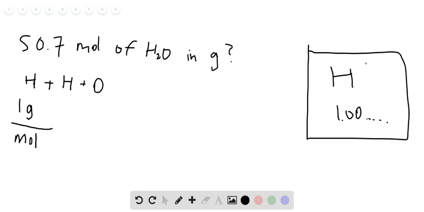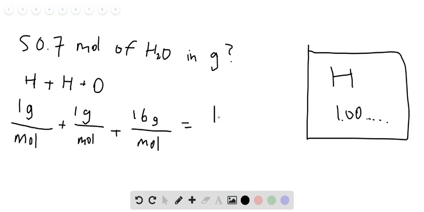So if you take 1 mole of H, it's going to weigh 1 gram. So we have this twice because there are 2 hydrogen atoms in H2O. And then we have the same thing for O. If you look at it, you will see it is approximately 16 grams per mole. We could keep more numbers, but we don't need that much accuracy. Summing it up, we have that water is 18 grams per mole.